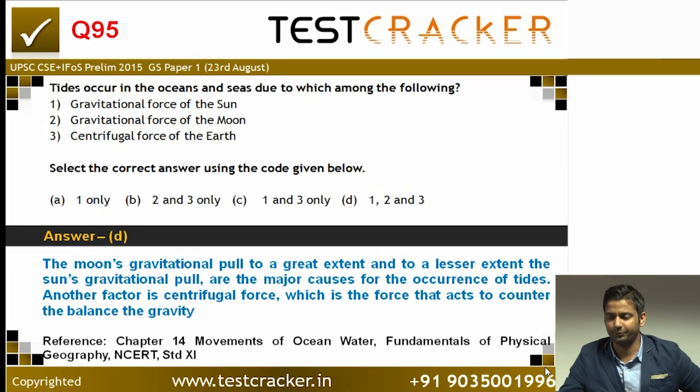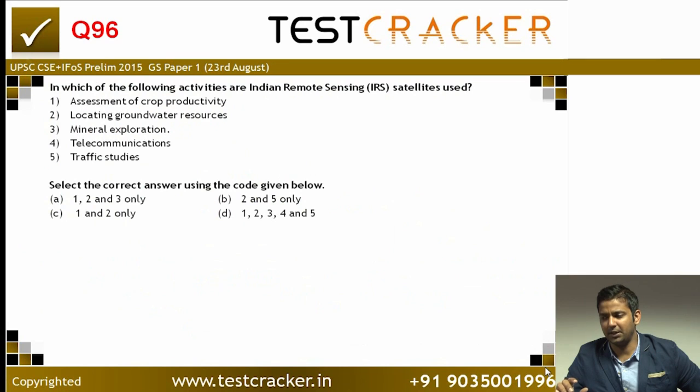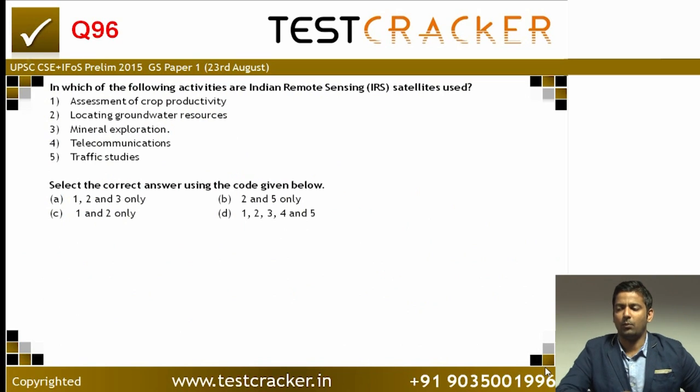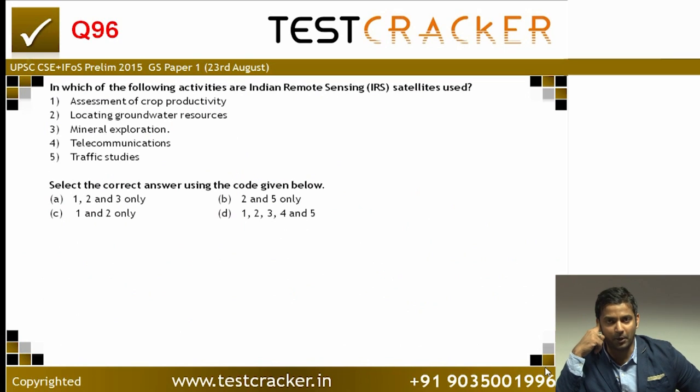All this. And 96, Indian remote sensing satellite. So you know, remote sensing satellites are used to map the territory of India for fishing or for crop productivity or production, and with this you can look at the options. One is assessment of crop productivity. Clearly it helps in making Indian agriculture more productive.